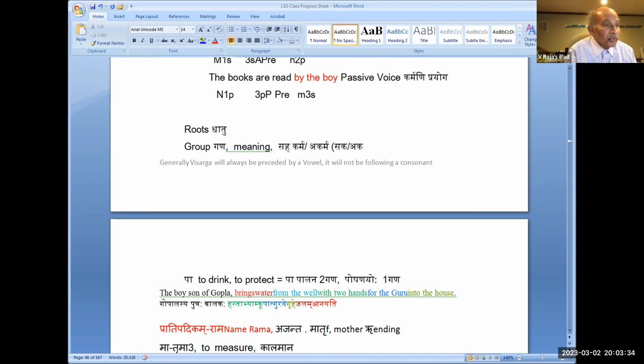So pa means palana, to protect, to nourish. This one word, palanaposhanayoho, is one word. That's a dvivachana. If you look at Rama, what is Saptami Rama Dvivachanam? Ramayoho. So there are two.